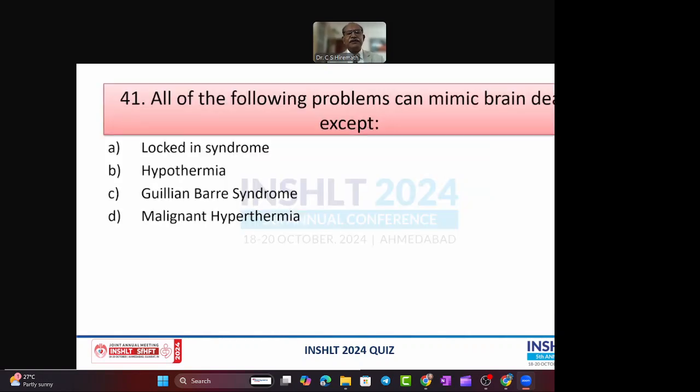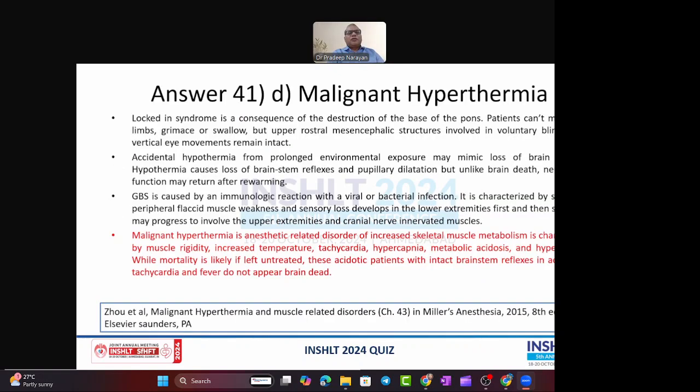All of the following problems can mimic brain death except. Yeah, this is again a very interesting question. All of them can cause it except malignant hyperthermia. As we know, it's a reversible condition. It happens due to certain anesthetic drugs which are given. Everything else, hypothermia. In fact, I'm sure all of you know that in hypothermia, you don't call the patient dead until you have brought them to normothermia.